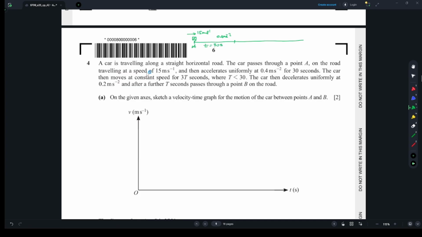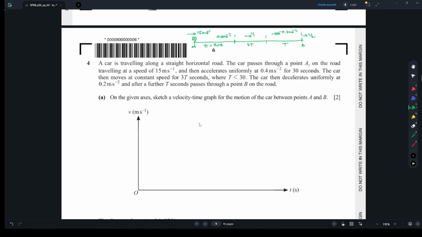And then after that, another 3t time it travels with a constant velocity, and then after 3t time, it starts to decelerate. The deceleration is 0.2, we will put negative because it's a deceleration, and then it passes point B after t time. We don't know the velocity at this point, so let's say v2.